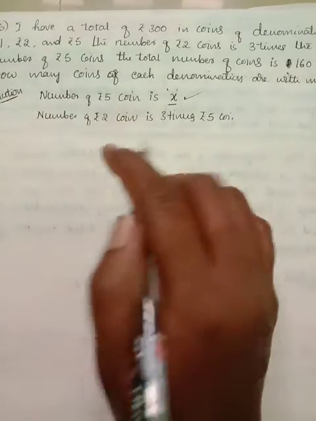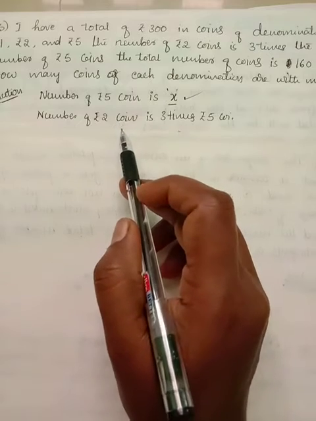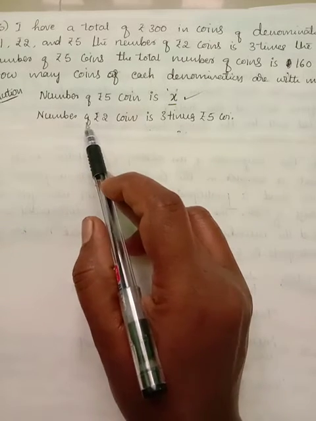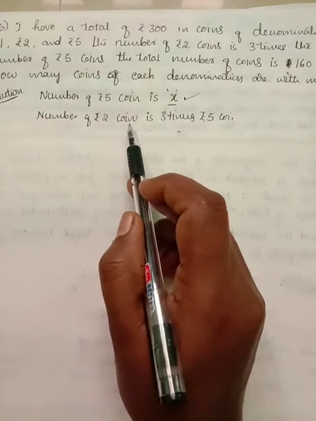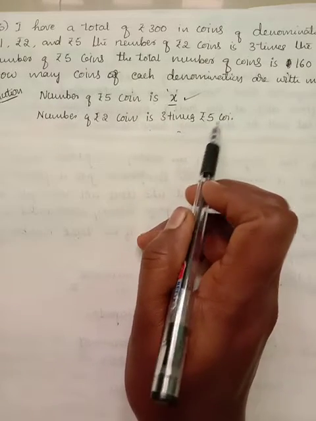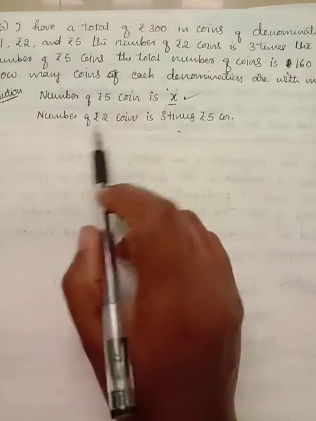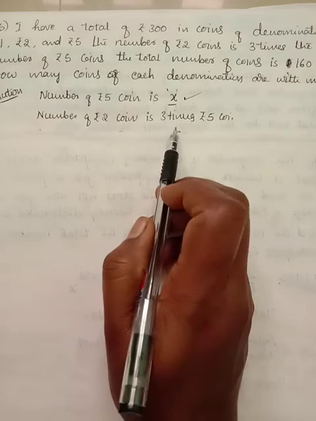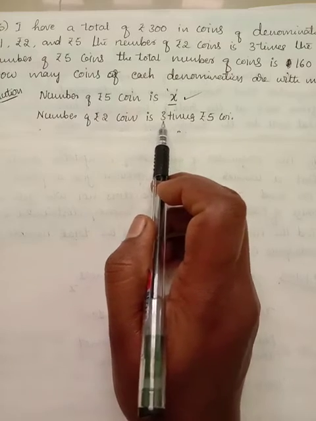And then the next working is very important. Look here, the number of rupees 2 coins is 3 times the rupees 5 coins. That's very important. I am writing that as a sentence so you can understand very easily.